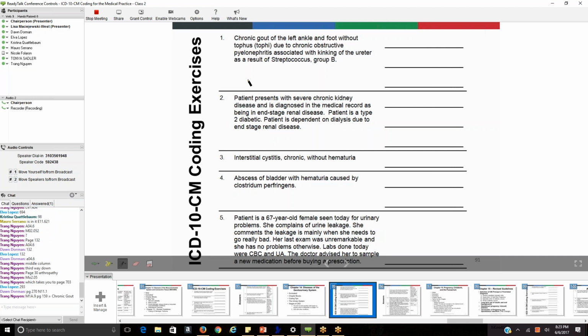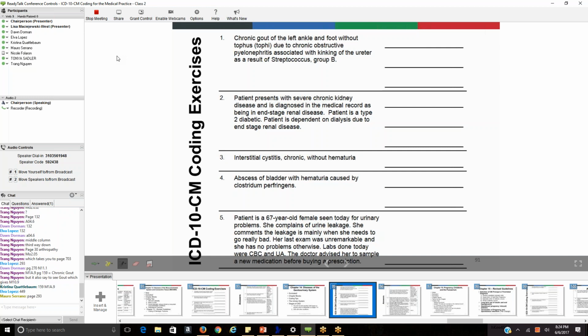Okay, Dawn got page 270 and N11.1. Page 159. Let's take a look at that one, the chronic gout. And this is going to be the left ankle and foot.